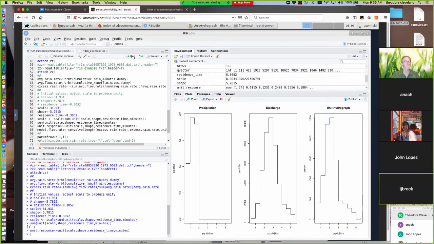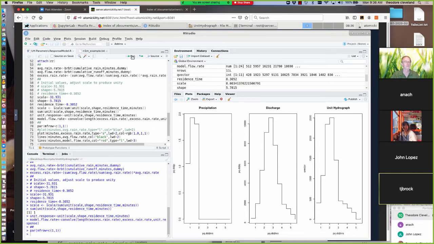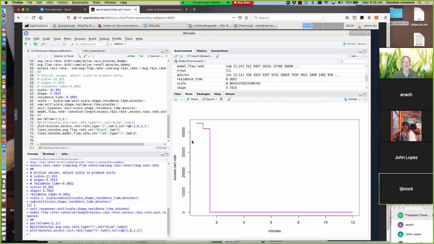Unit response has been computed. Model flow rate's been computed. And now we will plot first the excess rainfall rate. So here's our rainfall excess.